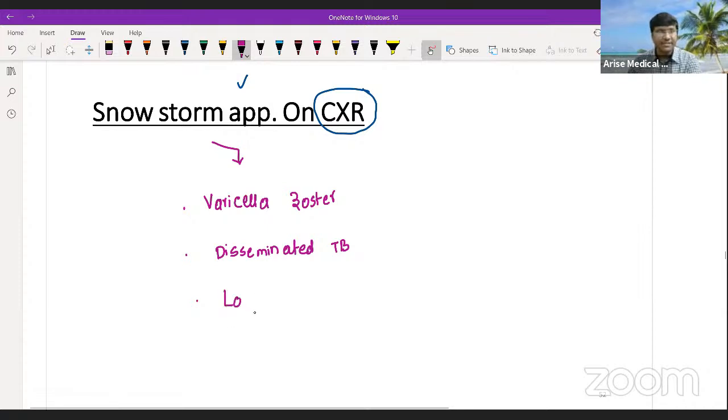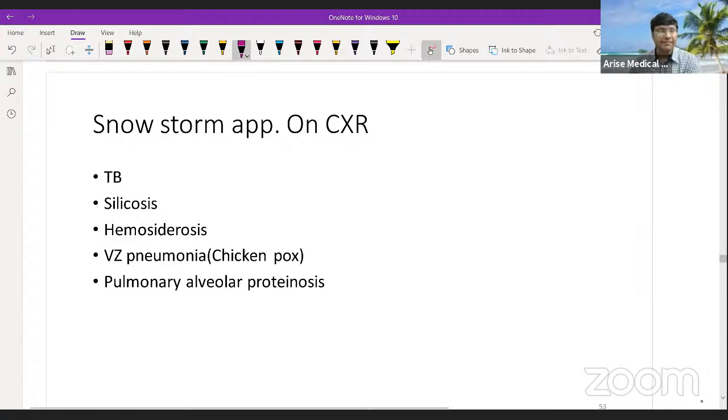Number three, as we have just discussed, Loeffler's syndrome, or Loeffler's pneumonia. Apart from that, silicosis, you'll have snowstorm appearance. Then hemosiderosis, you'll have snowstorm appearance.